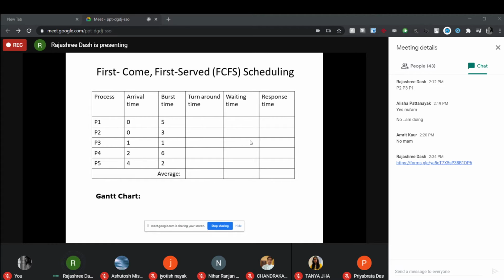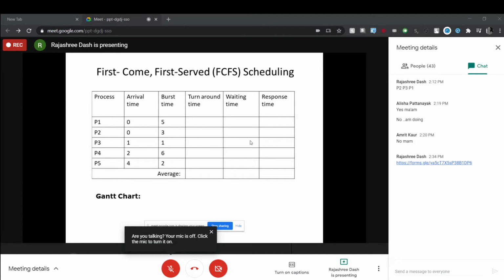Here there are 5 processes: P1, P2, P3, P4, P5. The arrival time for the processes are given, that means at which time they have entered into the ready queue. The CPU burst time for the processes are also provided. Now you have to draw the Gantt chart corresponding to first come first served scheduling.